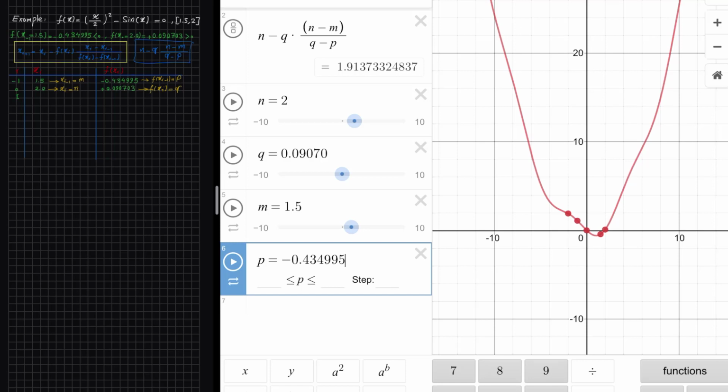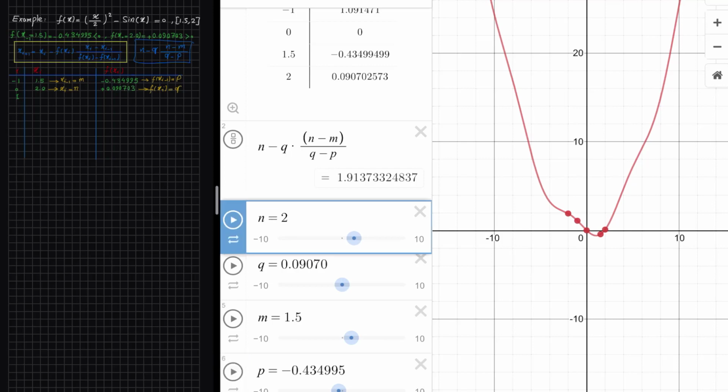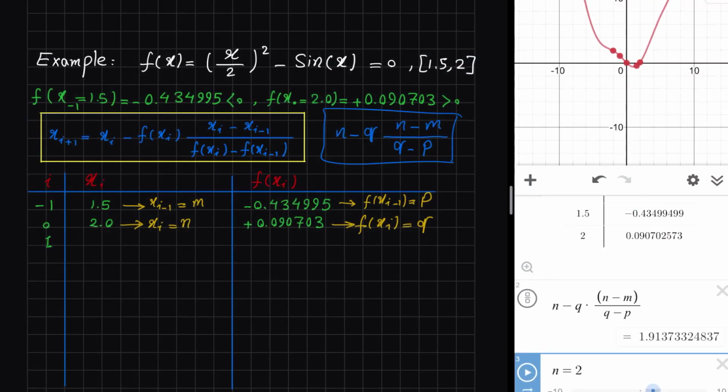Okay, this is our new value here, 1.913733. So I'm gonna put that value in the table. So we have the new x value, 1.913733.